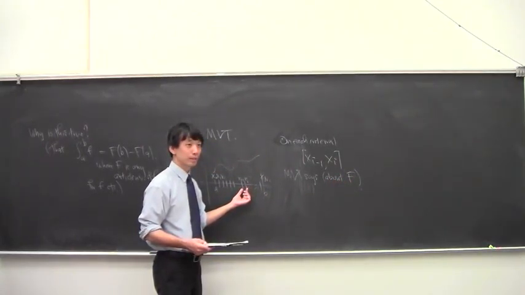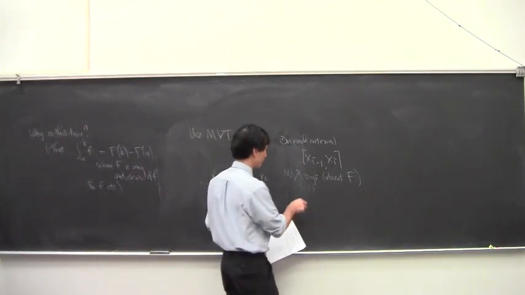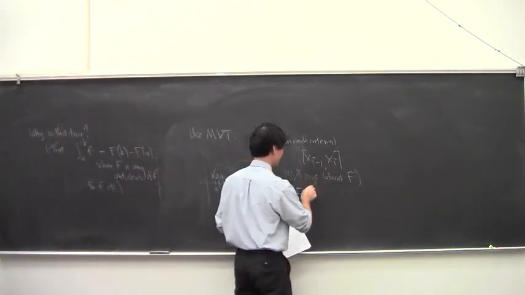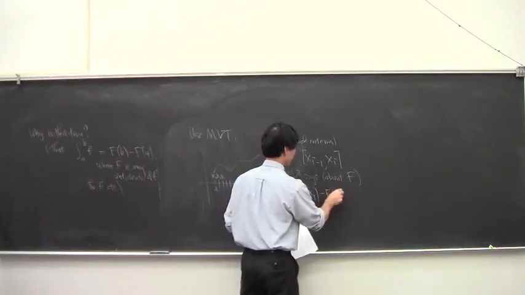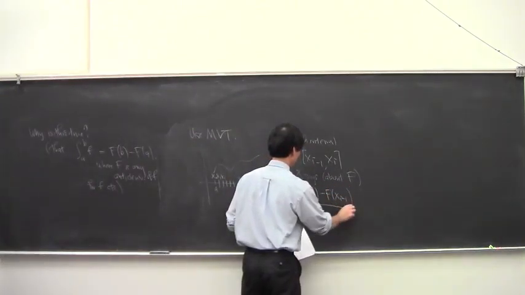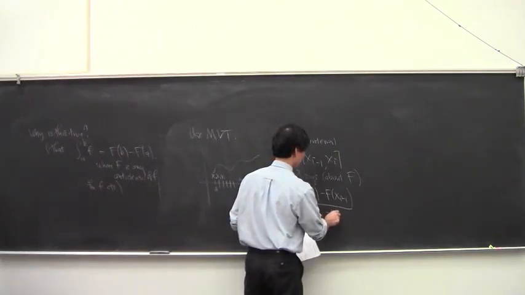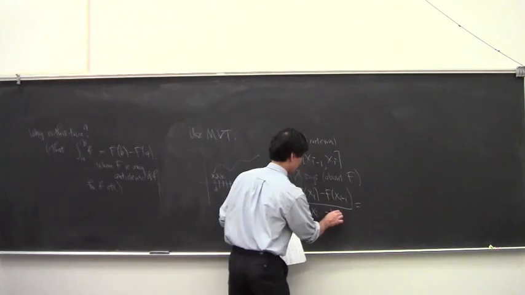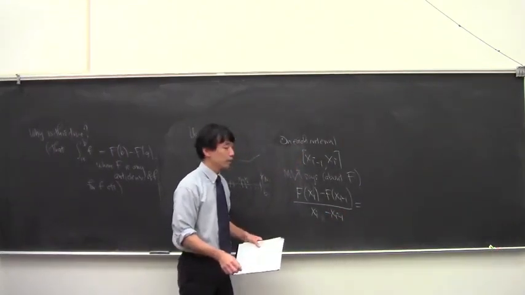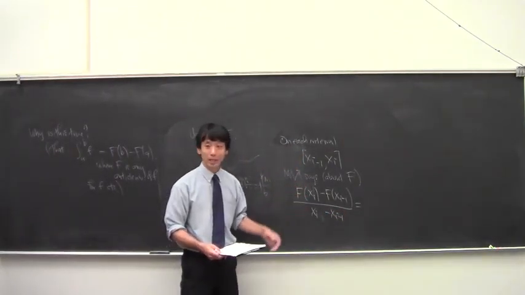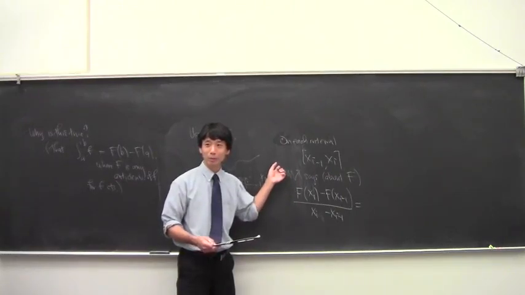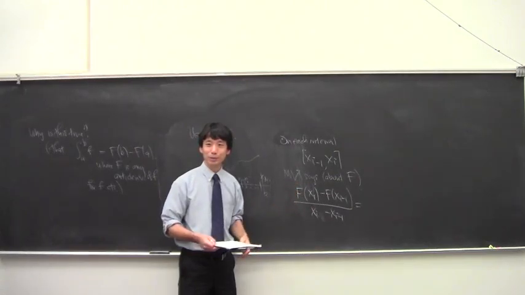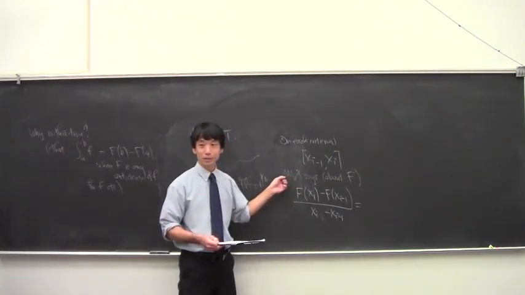Say that F prime of x equals, F of b minus F of a over b minus a. I'm going to apply it to big F. You can apply the mean value theorem to whatever function you feel like, as long as it's continuous and differentiable, as long as it satisfies the conditions.